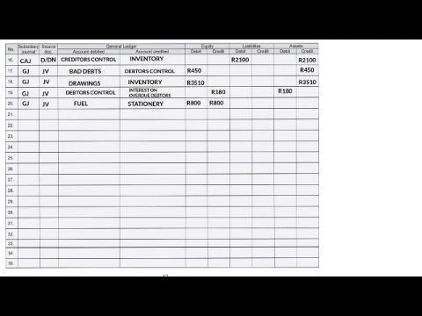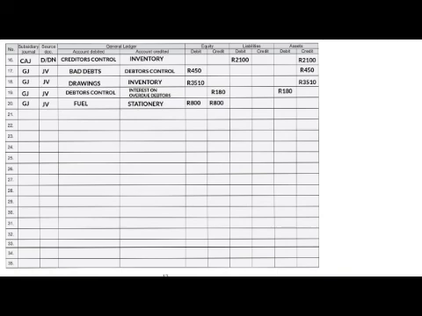Number 21. Receive an amount of 1,100 Rand from a debtor whose account was previously written off as irrecoverable. First of all, you need to know that when a debtor's account was previously written off as irrecoverable, we call this bad debts recovered.